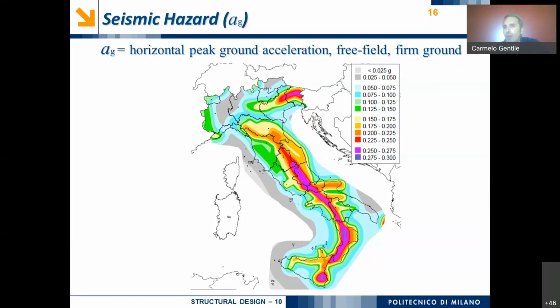And in addition, it is different if we are measuring this kind of acceleration on the free surface of the ground, or at depth, for example, 1 kilometer near the fault, inside the ground.